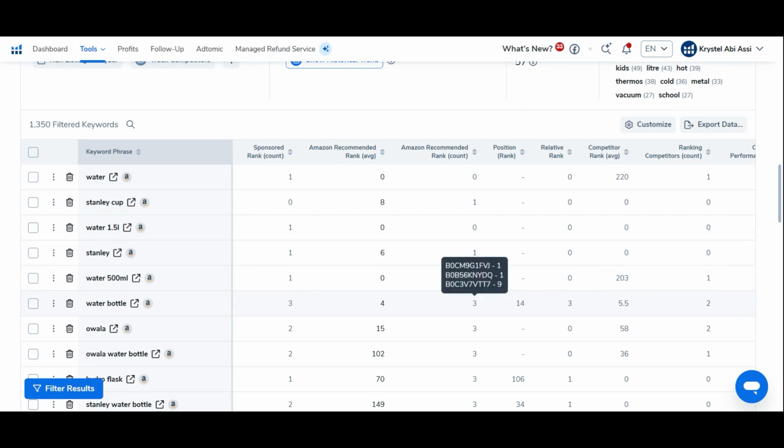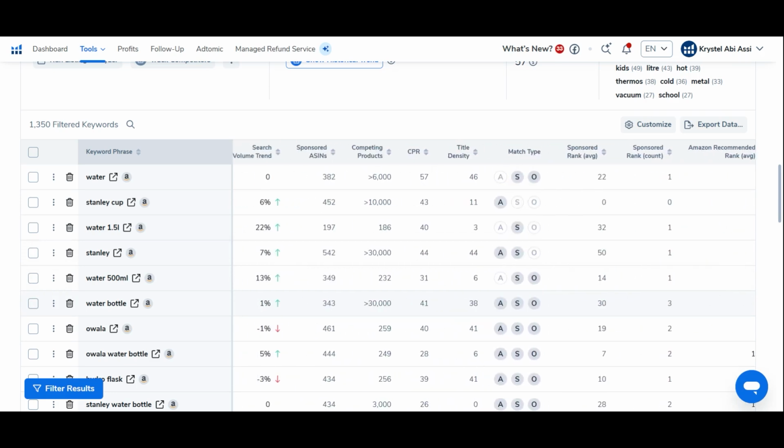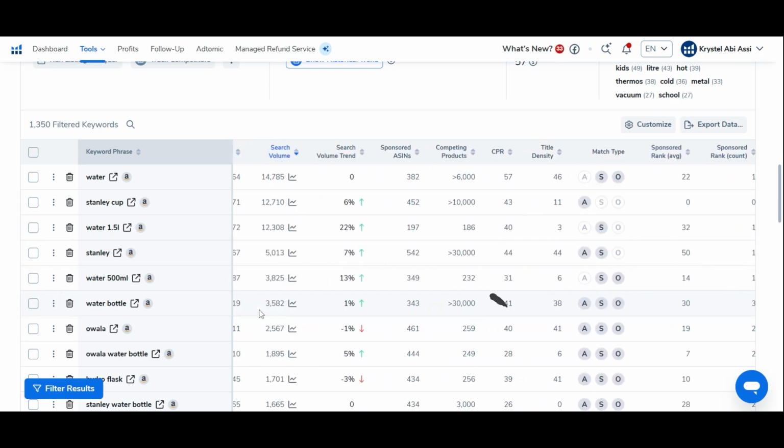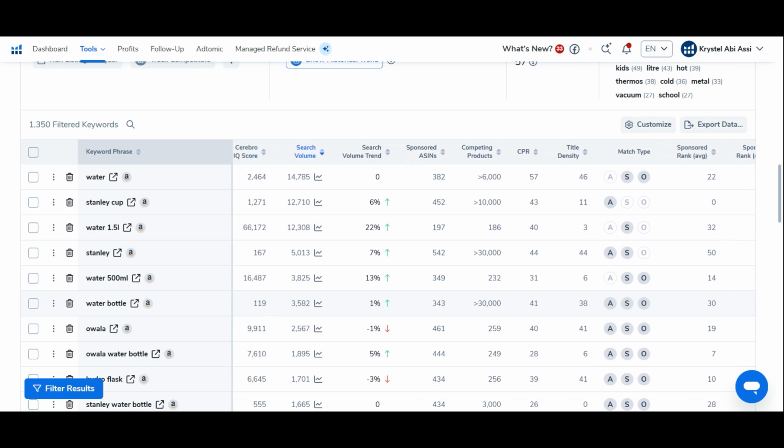So as you can see here, if I hover my mouse, I'll know the 3 products that I added, the 3 ASINs, where are they showing up recommended rank wise? So number 1, number 9, which basically means this is a really strong keyword, water bottle, and it does have 3,582 search volume. This potentially should be a keyword that I should be adding into my ads.